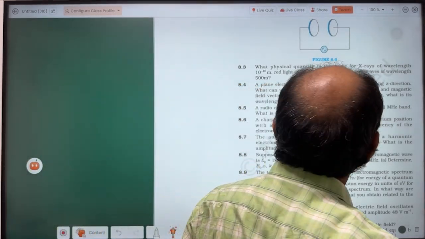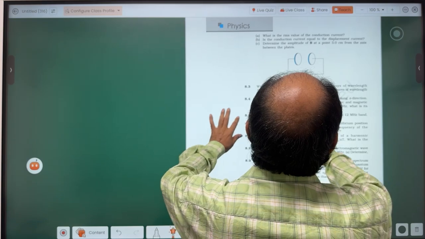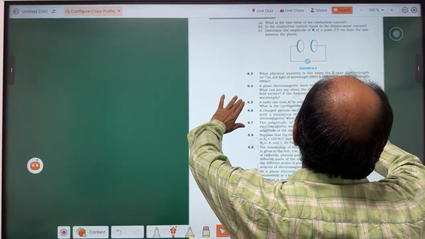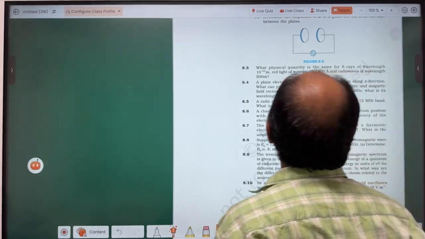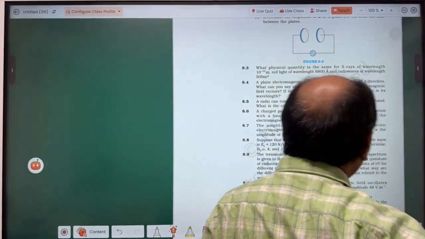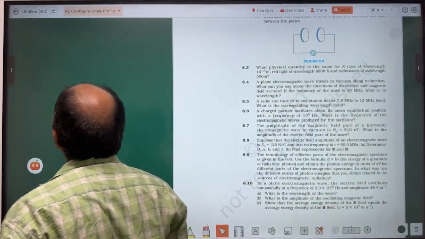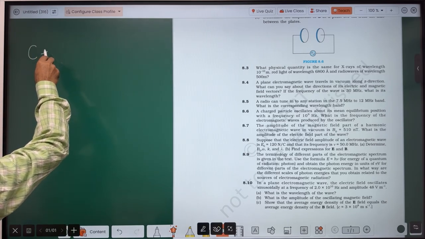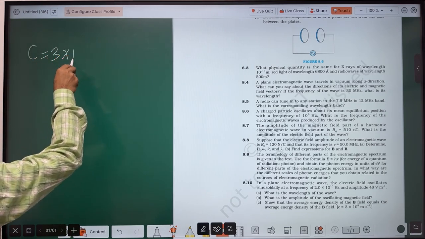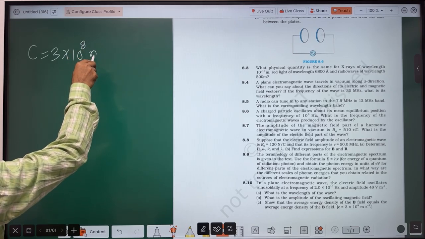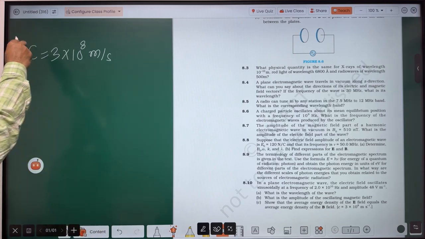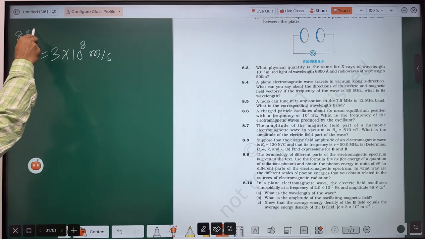If you remember, the speed of light for all types of radiations is the same. So here our answer will be the speed of EM waves, and the speed of EM waves C is equal to 3 into 10 to the power 8 meter per second. So that is the answer to 8.3.